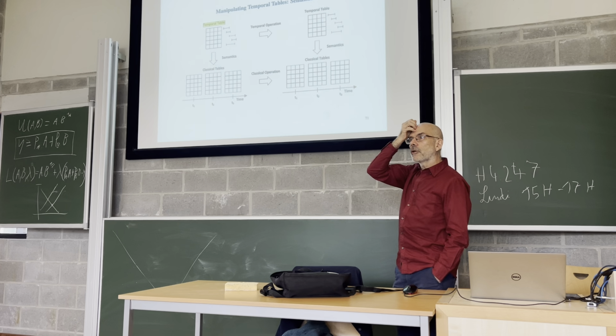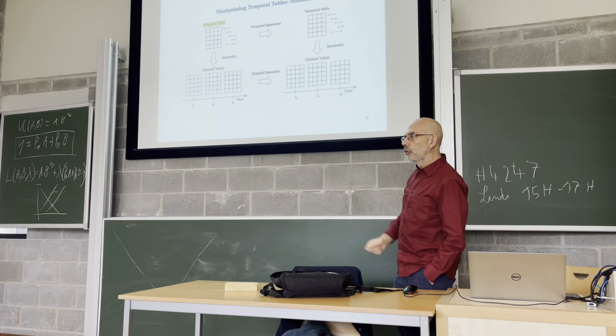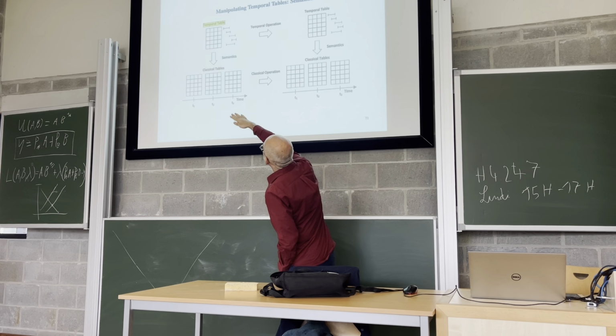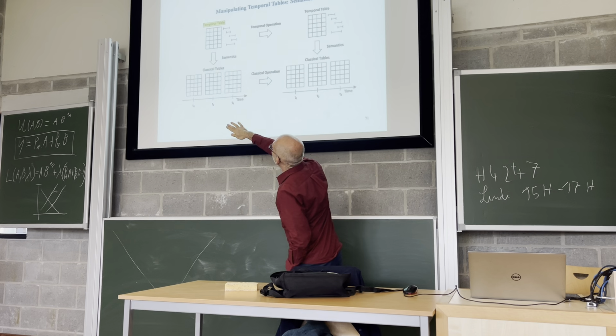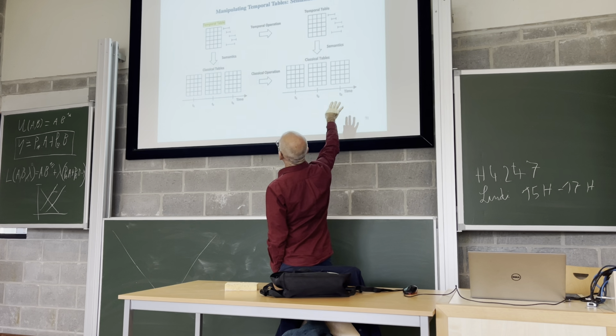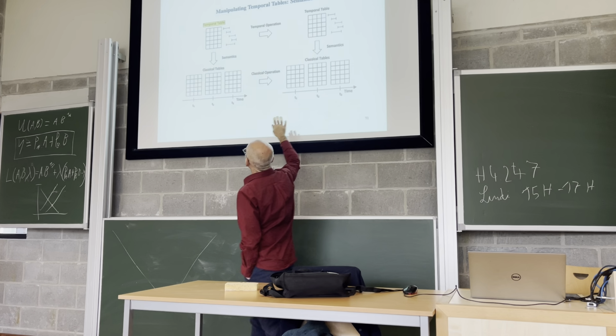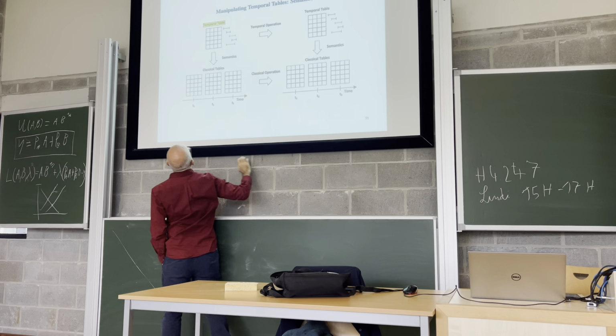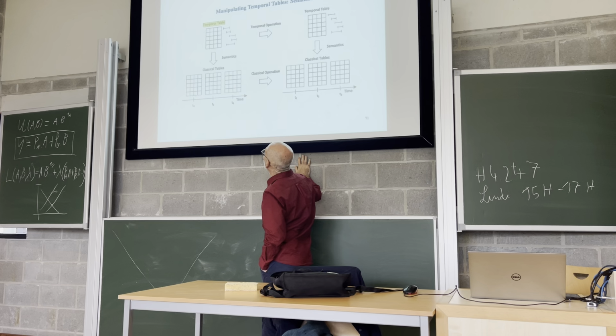The beginning is difficult: what will be the right answer? One possibility is to define this operator again, to understand the semantics at this level. Suppose that these are three values of this temporal table at three different timestamps.